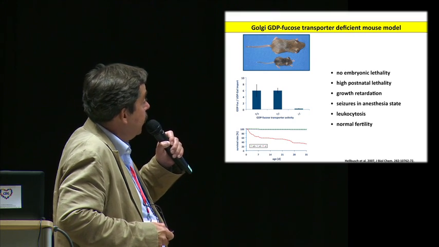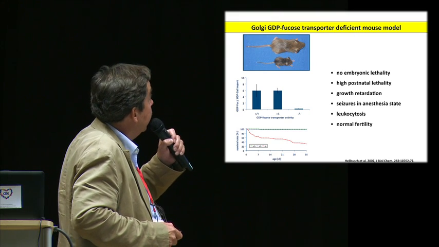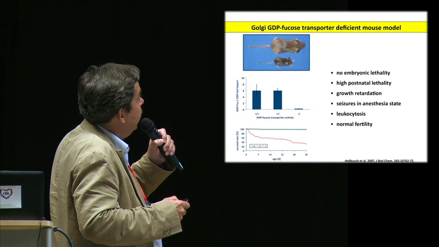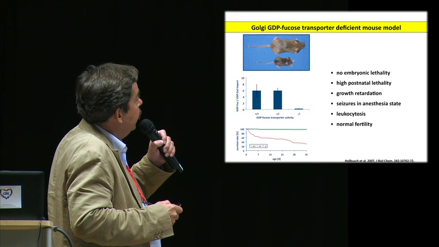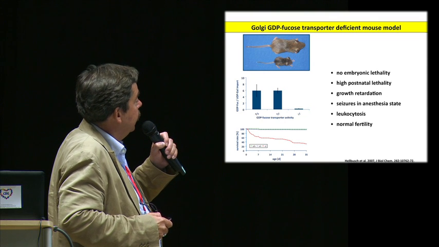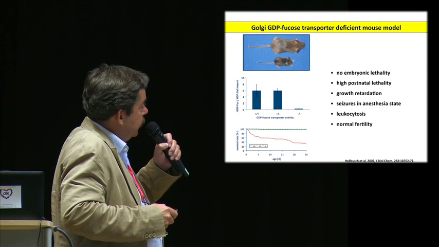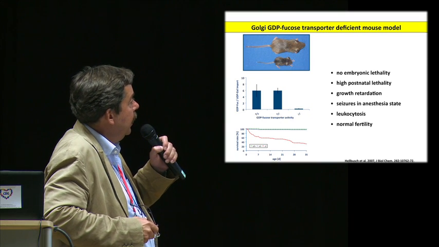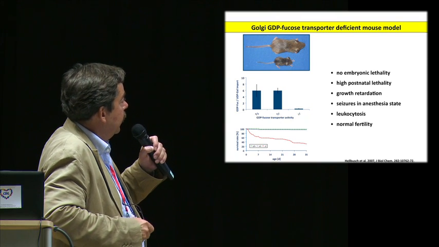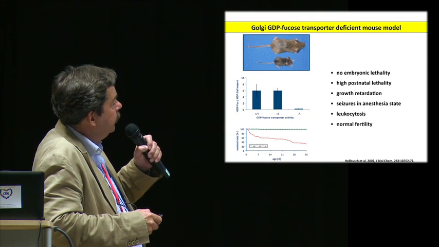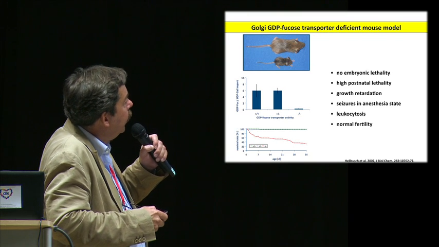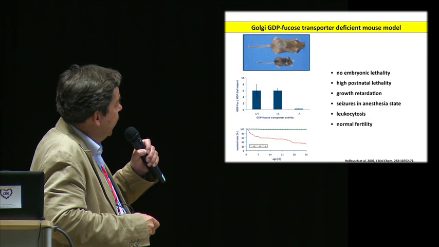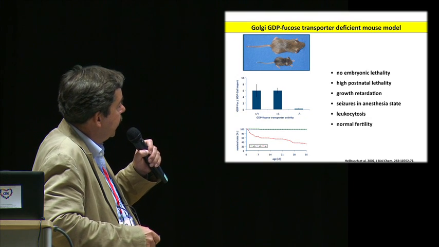And so this is the mouse model that we made in our lab, and astonishingly, this is really comparable to the human model. We have a severely reduced GDP-fucose transporter activity, and we have no embryonic lethality, but we have a high postnatal lethality, as you can see here.